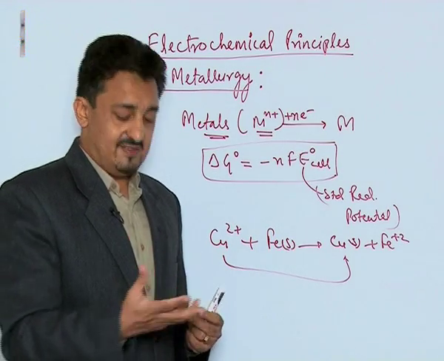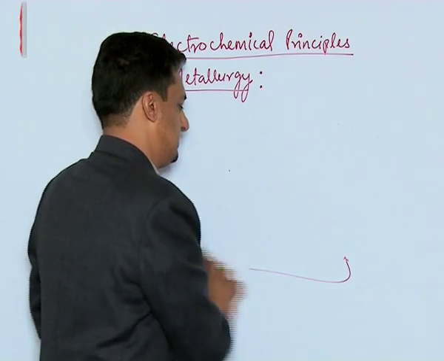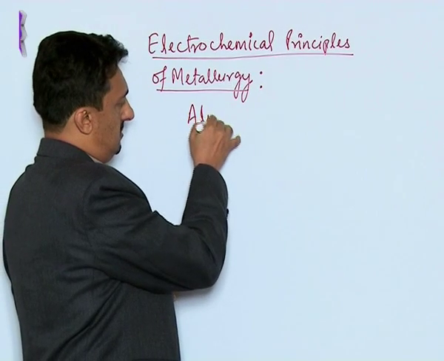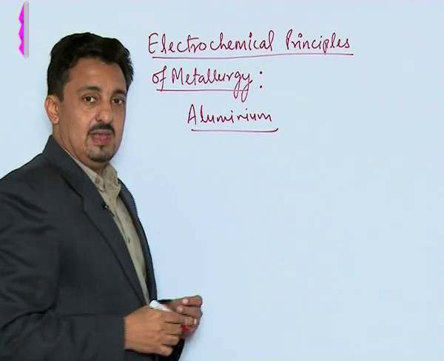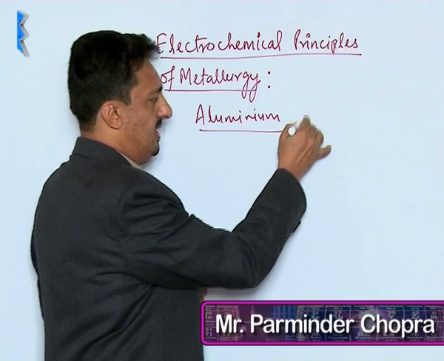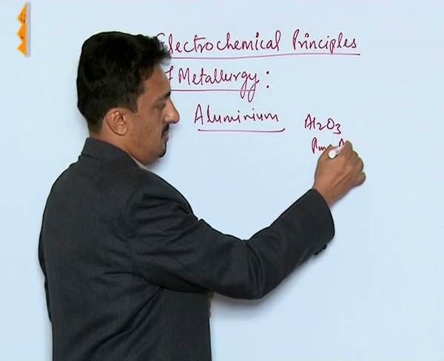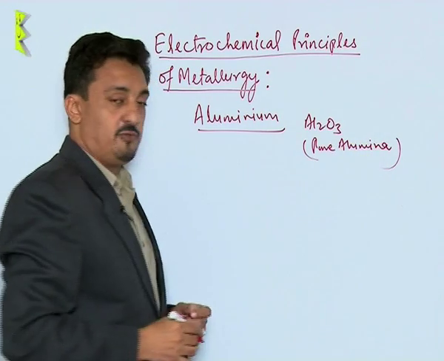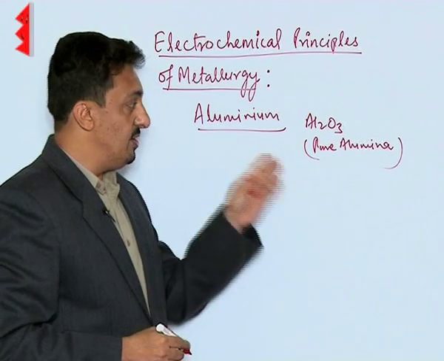Let us take the example of aluminium. In case of aluminium, we have already got pure alumina from the Baeyer process, but now we have to reduce it.